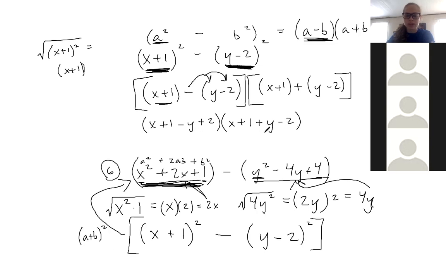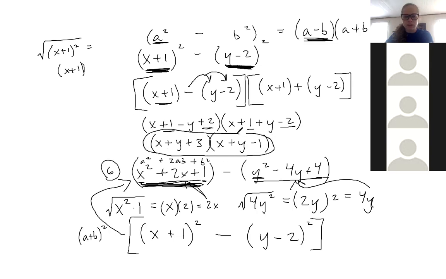Can I simplify anything inside the parentheses? Yes, I have like terms, 1 and 2. So this is x minus y plus 3. And this is 1 minus 2. So this is x plus y minus 1. So this right here is my final answer.